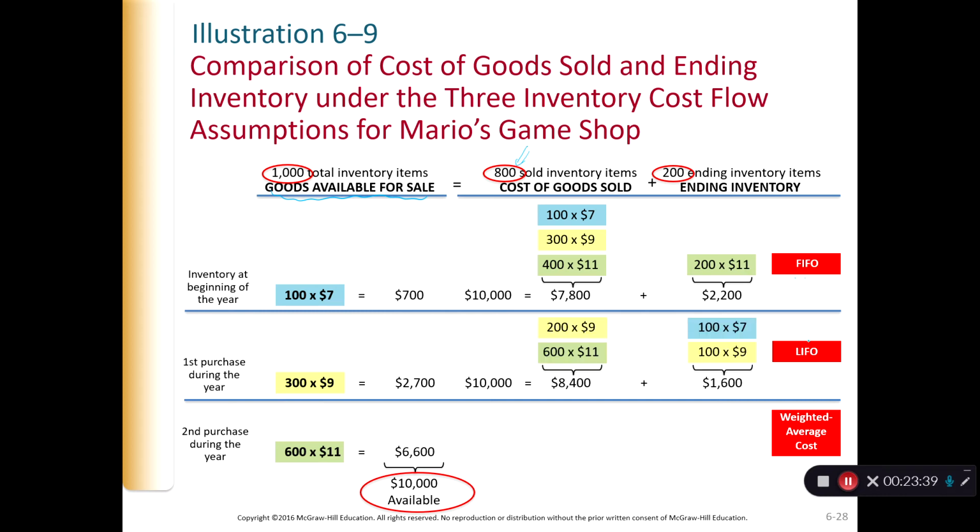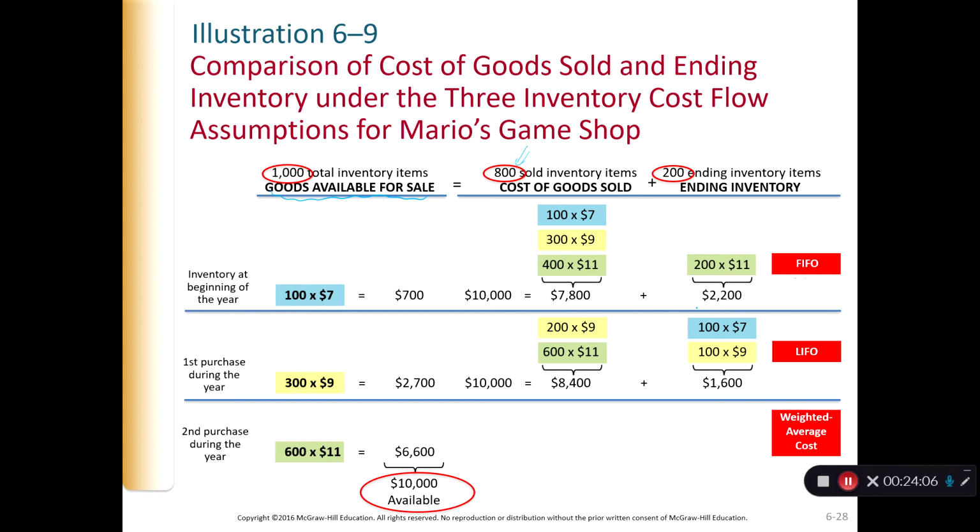If we use the LIFO method, we start with the latest purchase, which is the second purchase. Latest means the most recent purchase. Hence, the second purchase is more recent towards now, right? So therefore, we take 600 from the $11 layer, and another 200 from the 300 at $9, right? Once we exhaust this cost layer, we move on to the earlier ones.